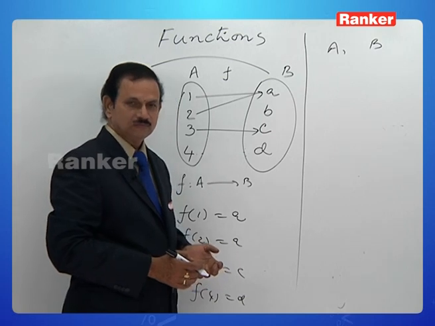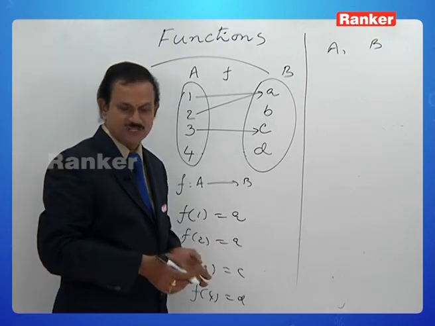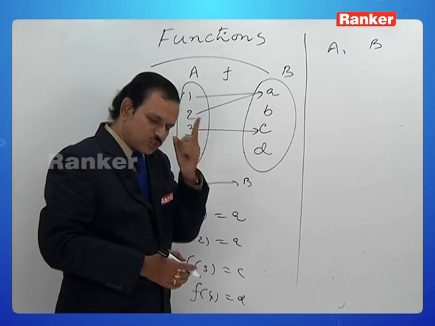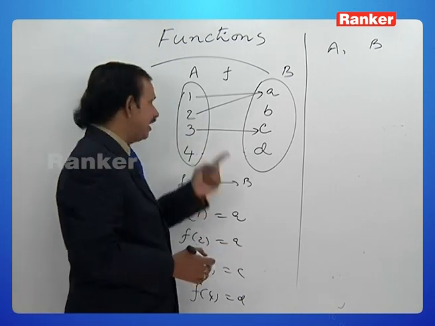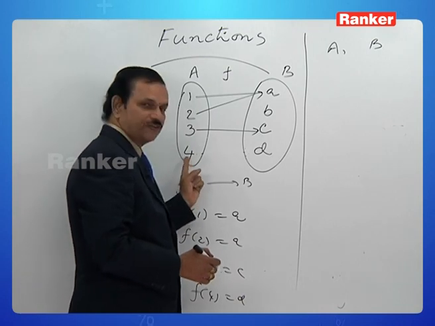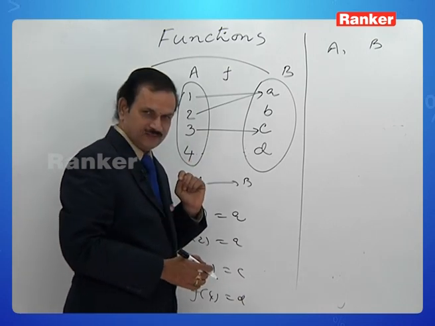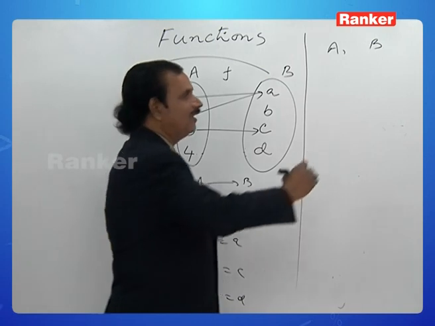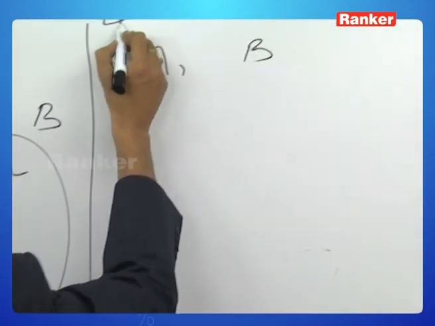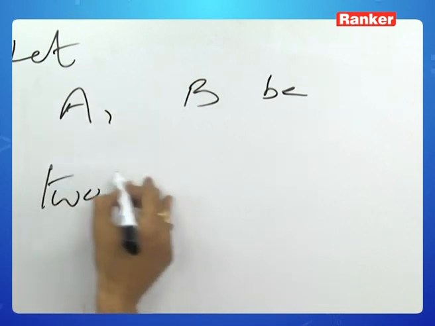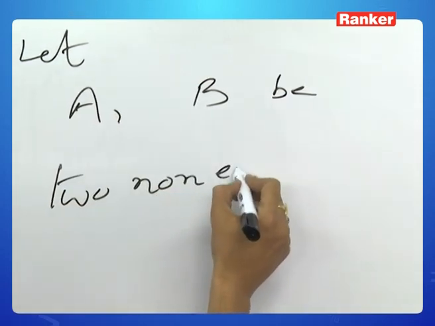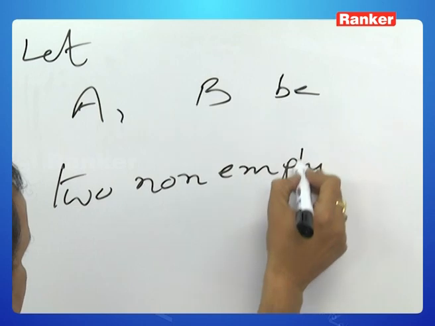So, to call a particular relation a function, the very first rule that must be satisfied is every element of this set should have an image. How to write that? Let A, B be two non-empty sets.